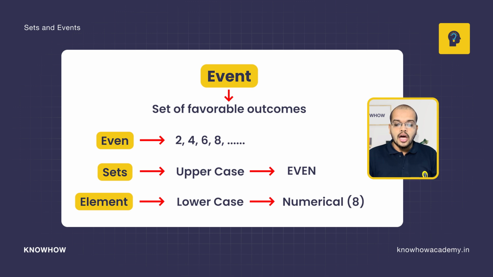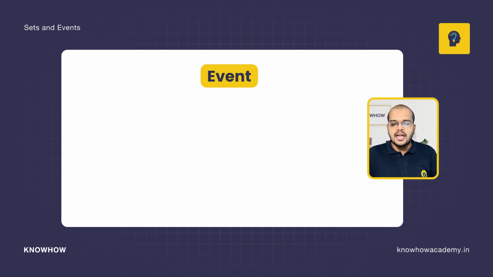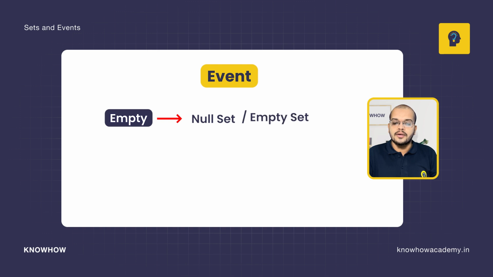Now, any set can either be empty, or it can have some values in it. If the particular set is empty, we call it a null set, where null is nothing but empty, or we also call it an empty set.